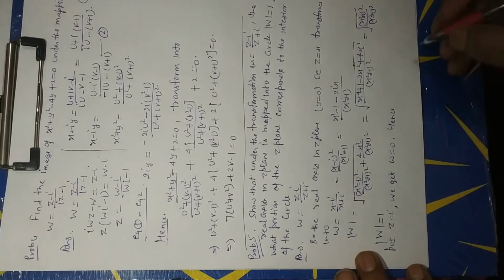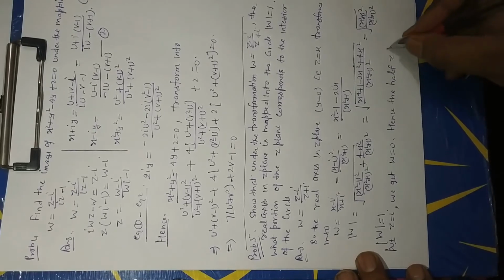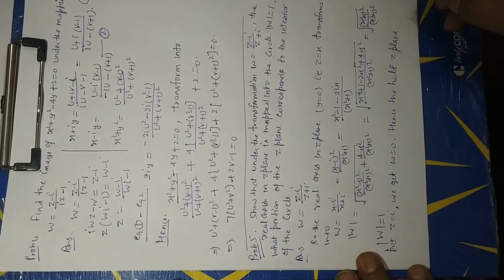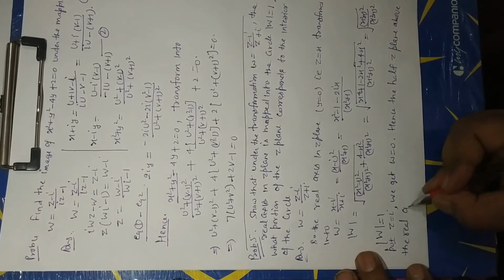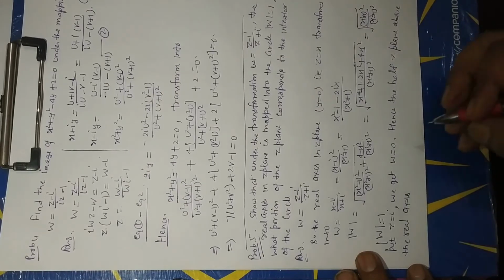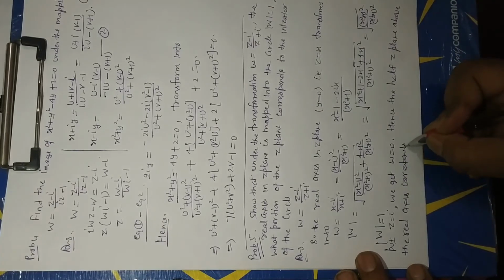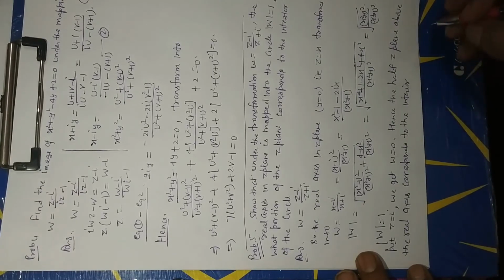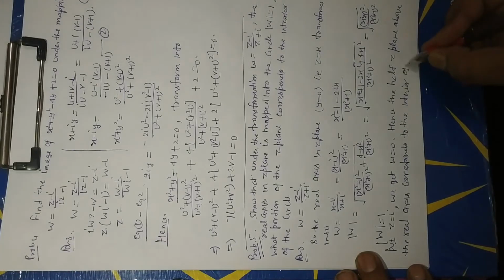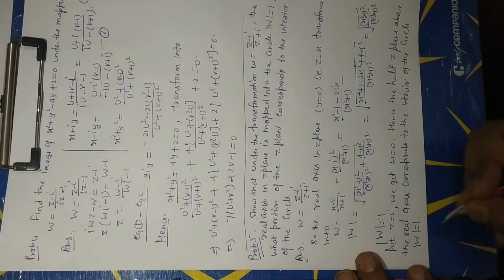Hence the half z plane above the real axis corresponds to the interior of the circle modulus of W is equal to 1. This is a complete solution.